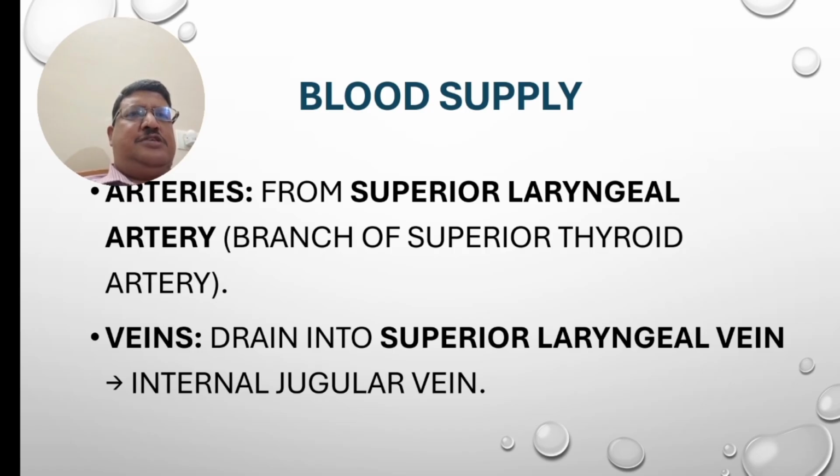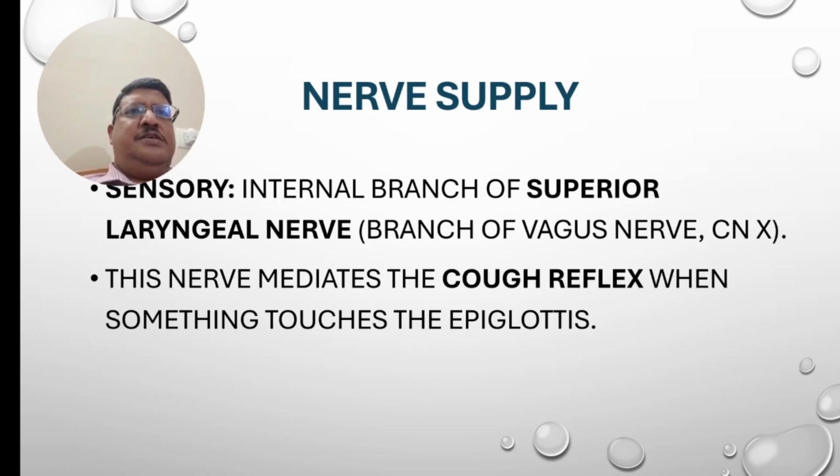Vein drains into the superior laryngeal vein, then the internal jugular vein. Nerve supply of the epiglottis: sensory, internal branch of the superior laryngeal nerve, a branch of the vagus nerve, cranial nerve 10. This nerve mediates the cough reflex when something touches the epiglottis.